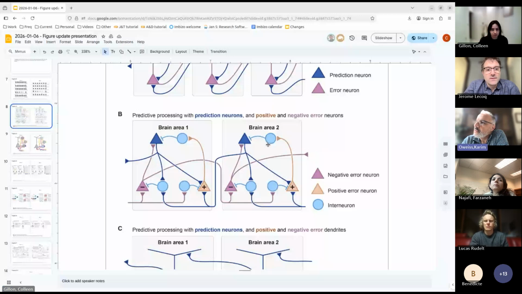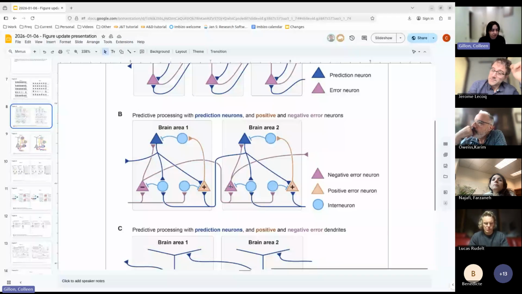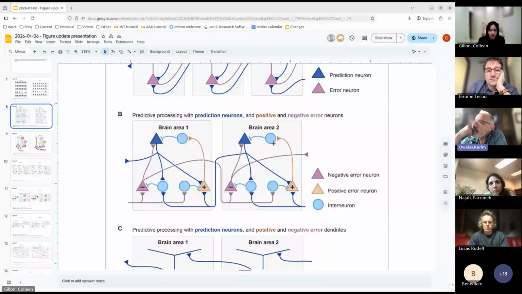I'm not sure I followed you. Oh, maybe I misunderstood what you were proposing. I thought you were suggesting that, for example, the positive and negative could both project to the inhibitory interneuron. Yeah, so basically if we have an unbalanced input, both are excitatory, right? But one excitatory neuron, let's say the negative error pyramidal, is downregulated because of the interneuron at the lower level.